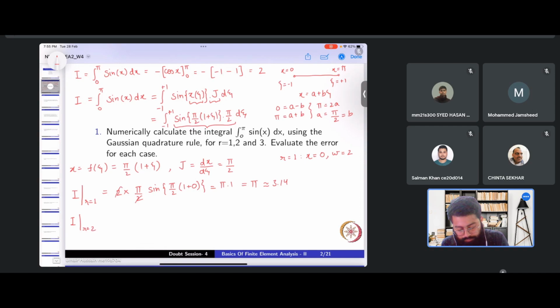So we can try it again using r equals 2. For r equals 2, what are the integration points? Can someone tell me? I really don't remember this.